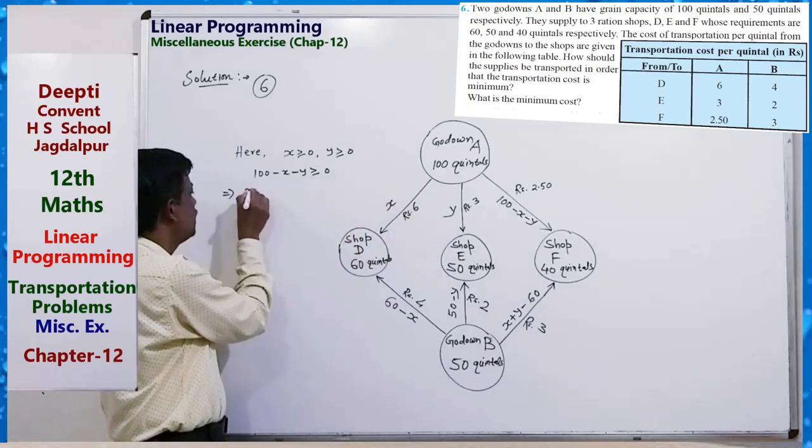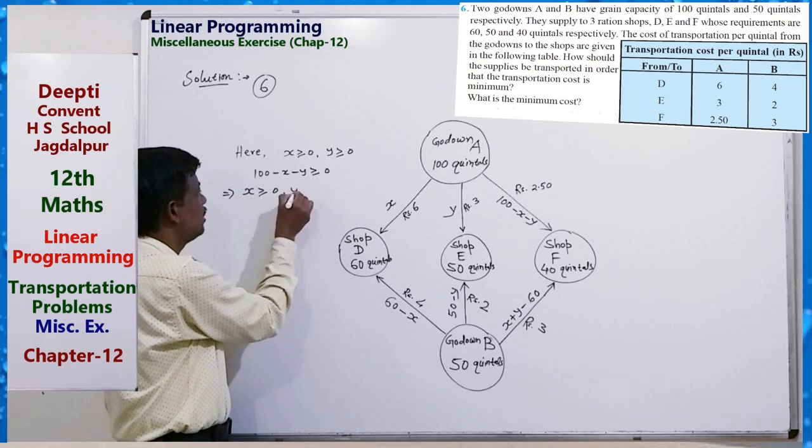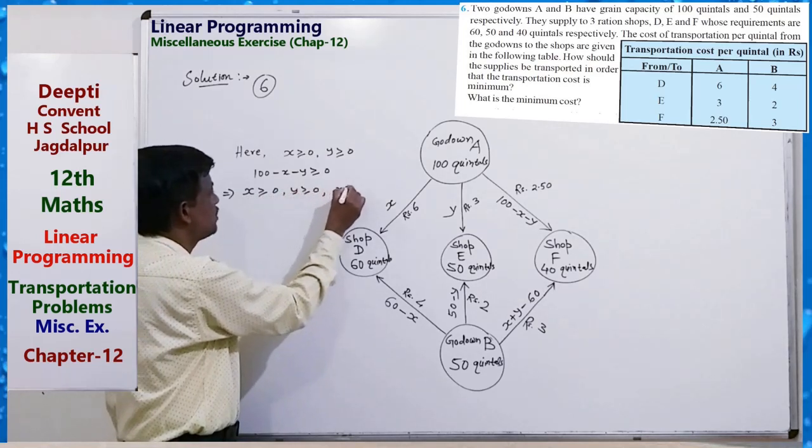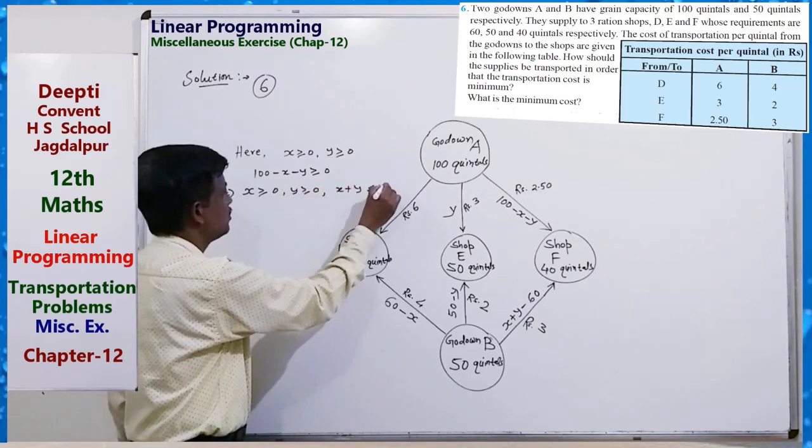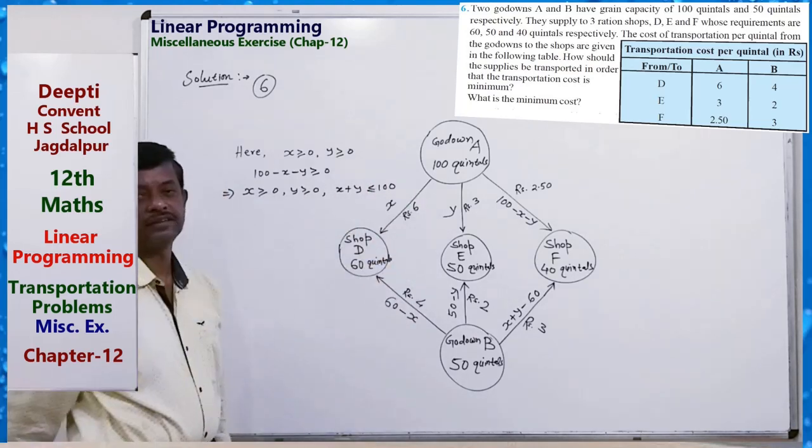So we get X greater than or equal to 0, Y greater than or equal to 0, and X plus Y less than or equal to 100.